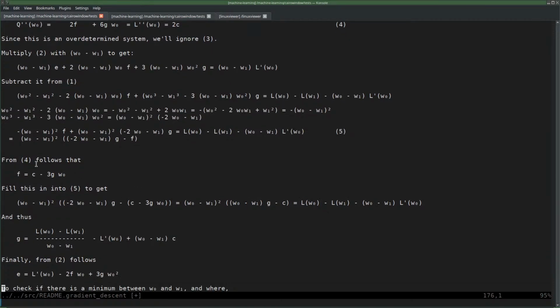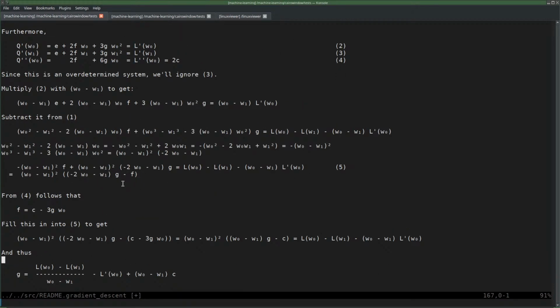From 4 follows that F is 2C minus 6GW0 divided by 2. In other words, just C minus 3GW0.